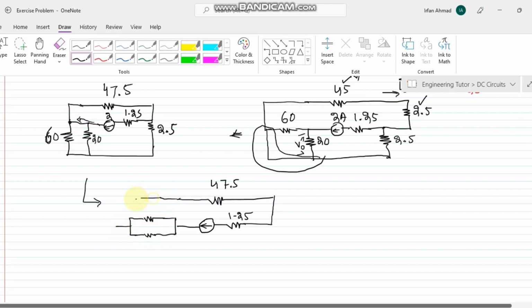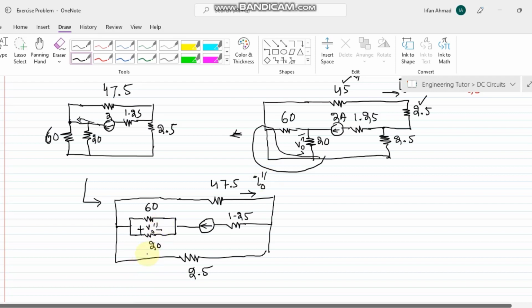Okay, so this, and similarly the 2.5 ohm resistor, this is the 60, this is 20, and I have to find this voltage, which is here V naught double prime, and I have to find this current, which is here I naught double prime.